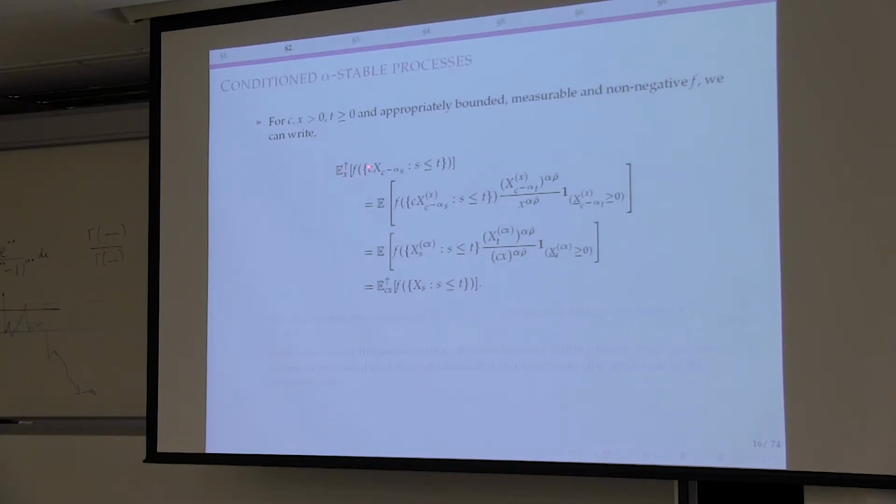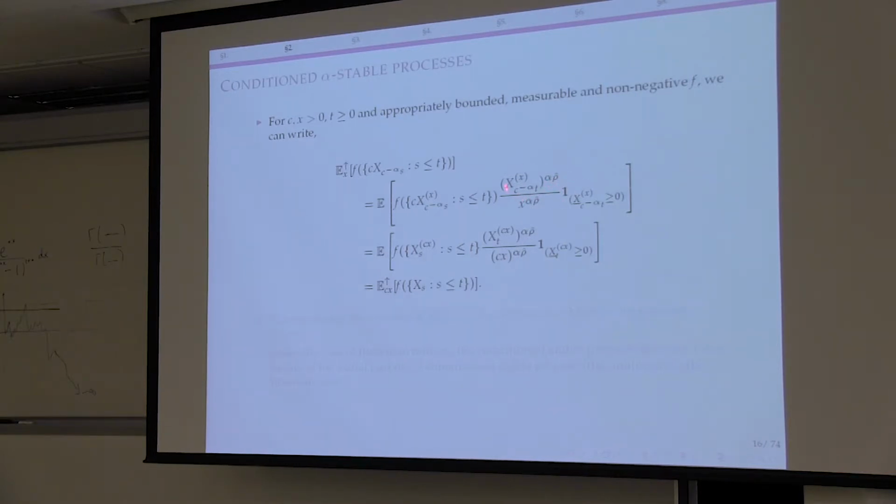under the change of measure, I scale in space and time, put the Doob h-transform in. So when I put the Doob h-transform in, this function is a function of something up to time c to the minus alpha t. So I put in the density at c to the minus alpha t.